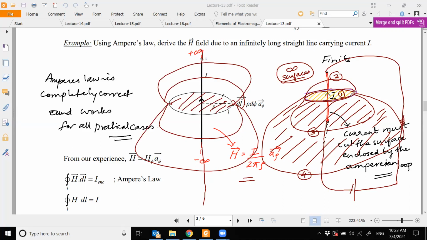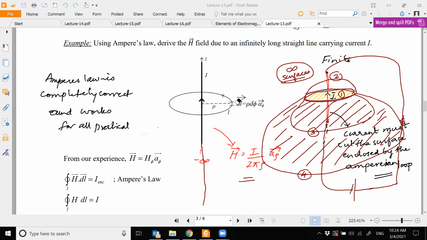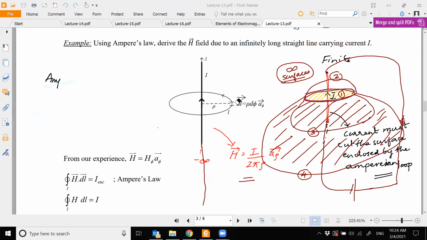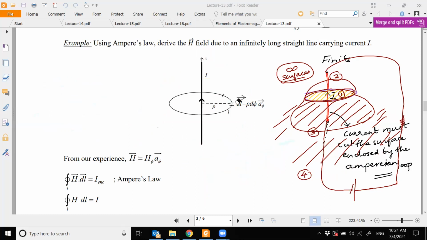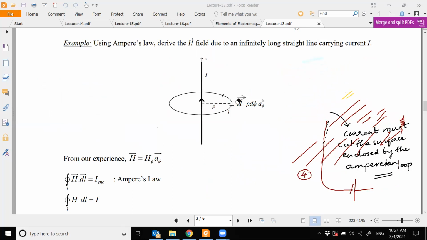Therefore Ampere's law will hold. So this is something we should know about Ampere's law. That's why we say that Ampere's law is applicable for all practical cases, because the current passing will definitely cut all the surfaces enclosed in the Amperean loop, our Amperean path. Okay, so this is very important. We should know about this Ampere's law applicability.